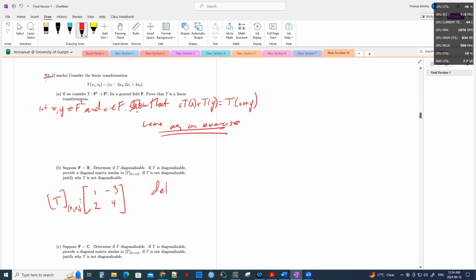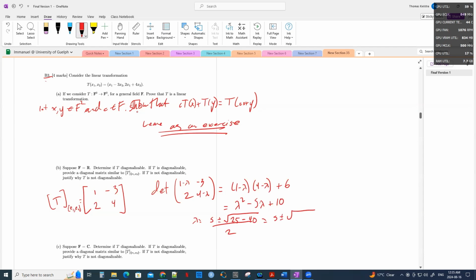Now the determinant of 1 minus lambda, -3, 2, 4 minus lambda is equal to (1 minus lambda)(4 minus lambda) plus 6, which equals lambda squared minus 5 lambda plus 10. Now, lambda equals 5 plus or minus the square root of 25 minus 40, over 2, which equals 5 plus or minus the square root of minus 15, over 2.